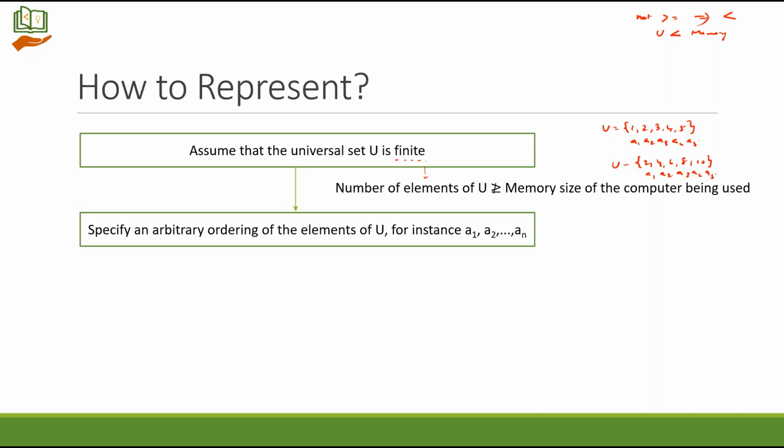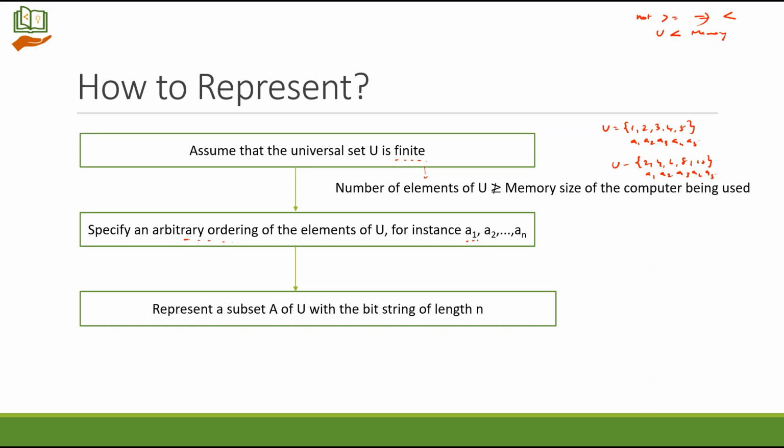Why are we giving this kind of arbitrary ordering? When you are going to perform set operations or set related computations in a computer, you have to know whether a particular element is present or not. So let's take the universal set to be 1, 2, 3, 4, 5, 6, 7, 8, 9, 10. And let's take a subset A. Let's take this A to be 1, 2, 3, 4, 5.